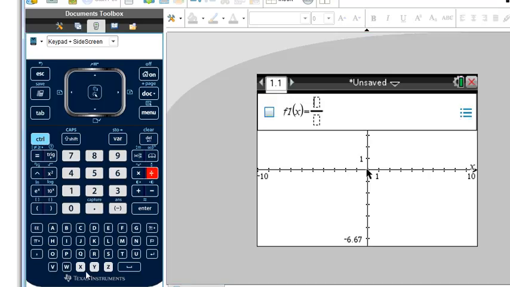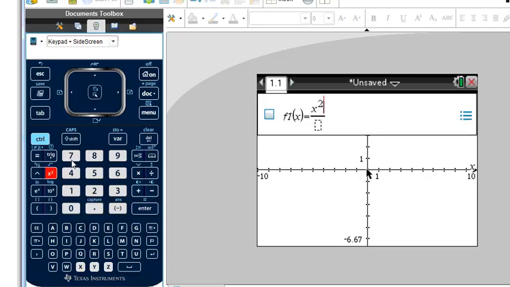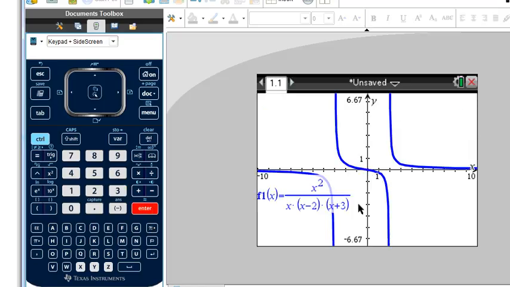We put in x squared over x times quantity x minus 2 times quantity x plus 3, and graph. Now if you just graph the thing, you might see 2 discontinuities here, because the one in the middle is a removable discontinuity, this one at 0.